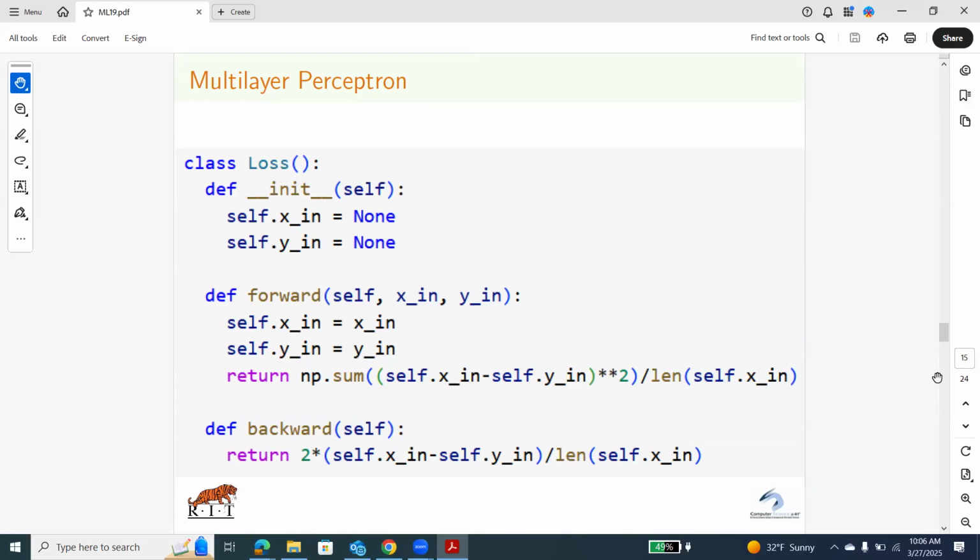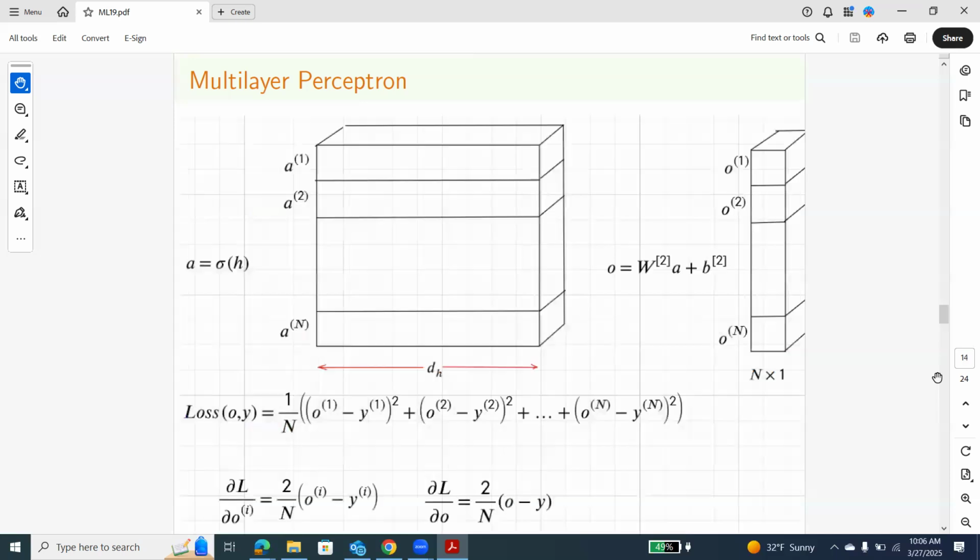X minus y squared, and also the gradient. The gradient will be 2 times x minus y. All without indices represent the entire column. This is component-wise, this is the vector representation. Derivative with respect to all endpoints.